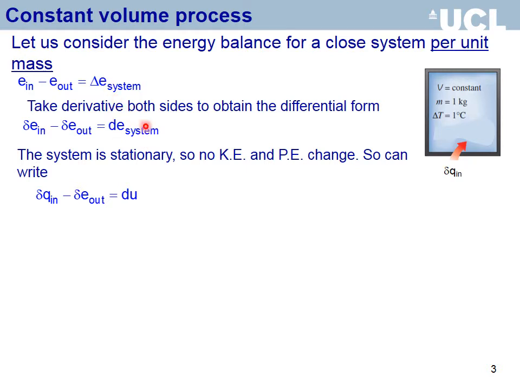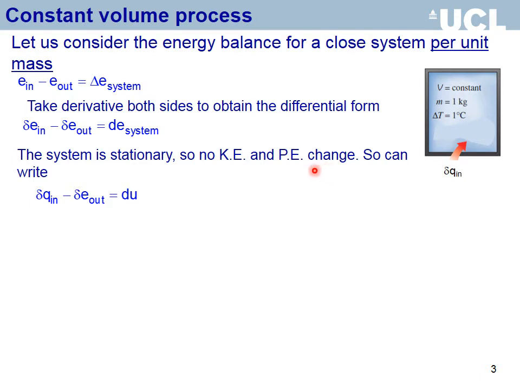And then the small change of energy of the system, which is a property of the system, I don't need δ for that. It's a point function, so I write that as dE system. The system that we are analyzing here is not very bulky. It has 1 kilogram of mass, and there is not a substantial change in height if I'm analyzing a fairly small system.